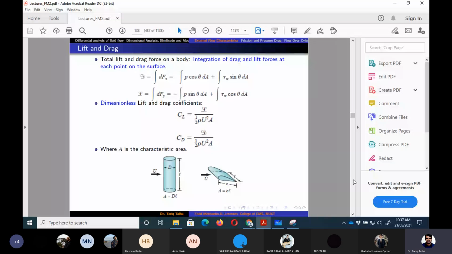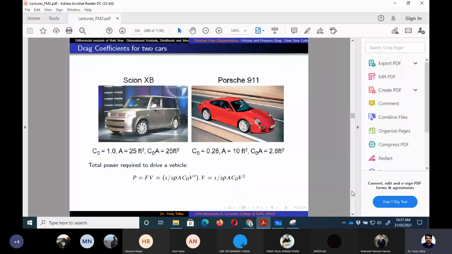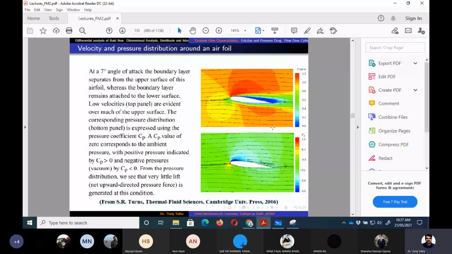In the last class we also discussed that the drag coefficient for a blunt body like this Toyota Scion would be higher as compared to a racing car like the one on the right hand side. We also discussed that there are two types of bodies: streamlined bodies like an aerofoil, and blunt bodies in which the frontal area is more.